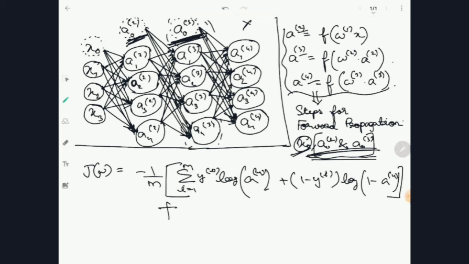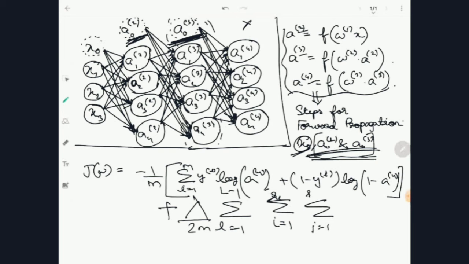Plus, for L2 regularization, with lambda as the extent of regularization, sum over l equal to 1 to L minus 1, i equal to 1 to sl, which is the number of units, j equal to 1 to sl plus 1, that is the number of units in the successive layer, of Wji squared.